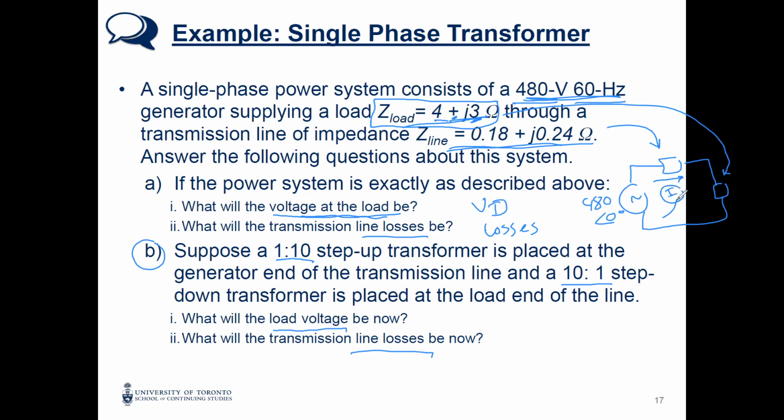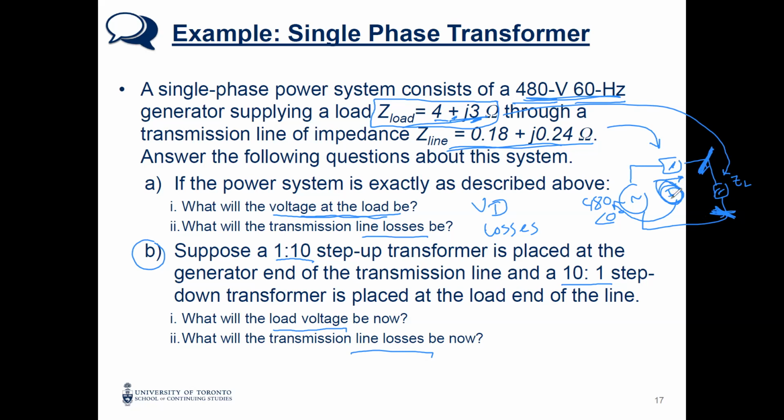Current equals the voltage divided by the impedance. Both are in series, so this plus this. You have the current as a phasor. Then you can get, for example, the voltage here. It's this current times the load impedance. You will get the voltage.